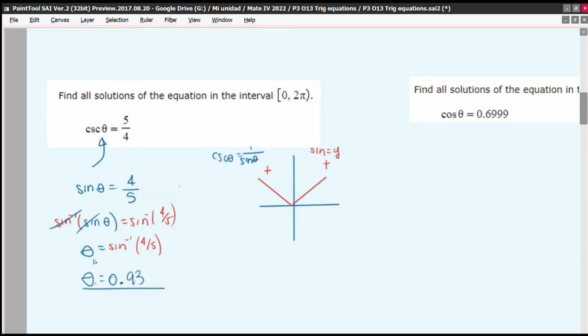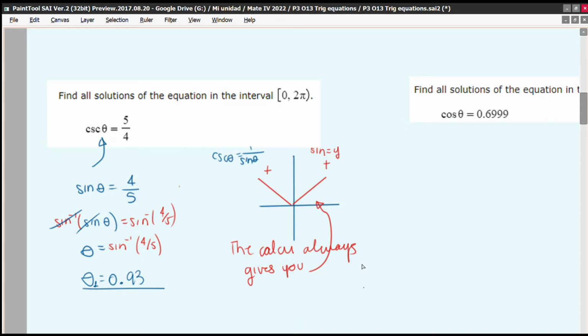So this is my first solution. And you're going to say, Andrea, how do I know if my solution is the first one or the second one? So the answer is the calculator always gives you this one, the one that lies in the first quadrant.